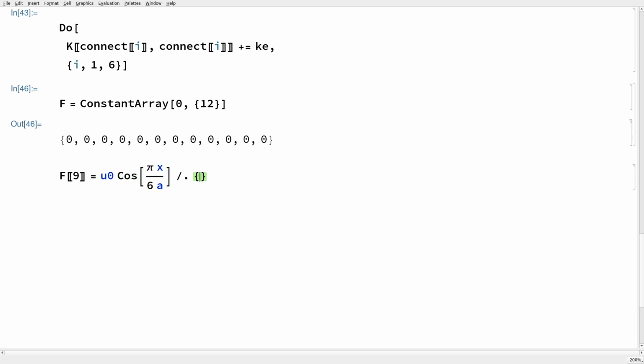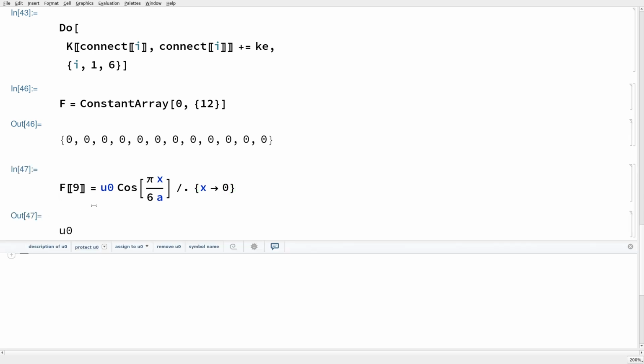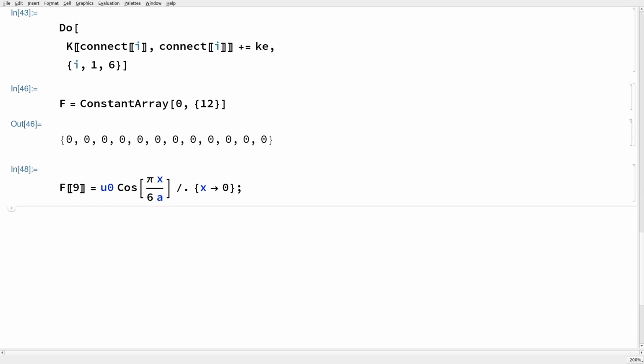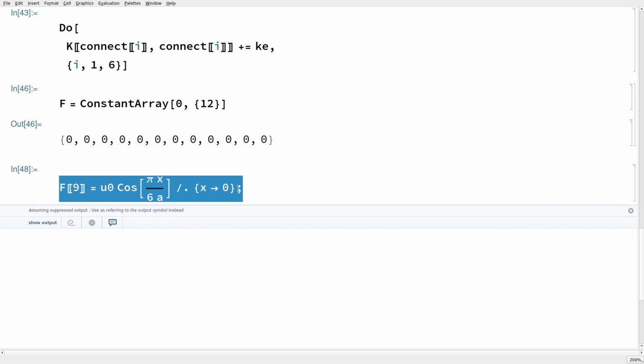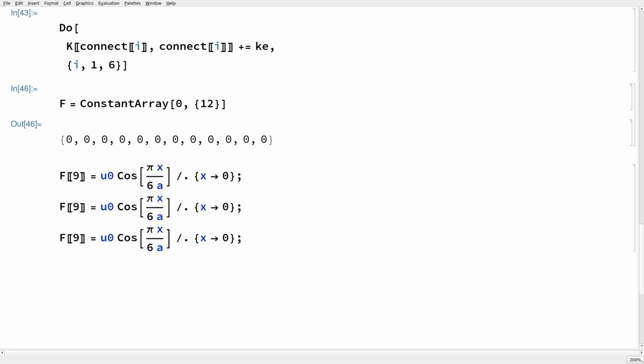And that's going to be evaluated at x equal to 0. That's node 9, okay? So then we'll just keep doing that for node 10, 11, and 12.